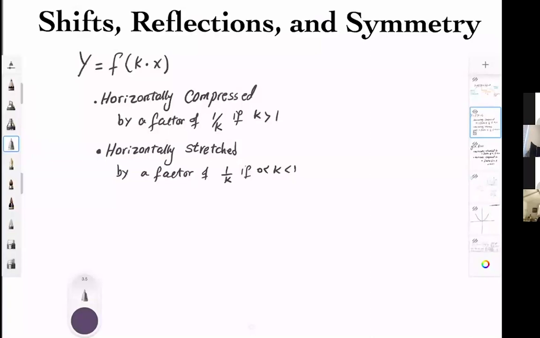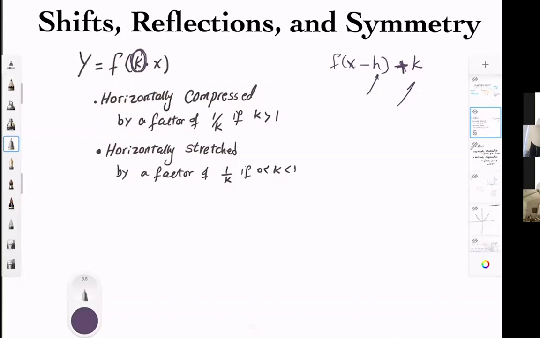So now we are multiplying k inside. That's very important, guys. Same as we had f of x minus h plus k: for outside, if it was plus, we go up and down. For h, we go right and left. So now for the k inside, we do horizontal.